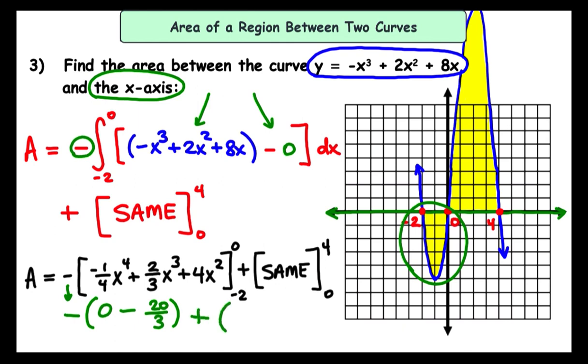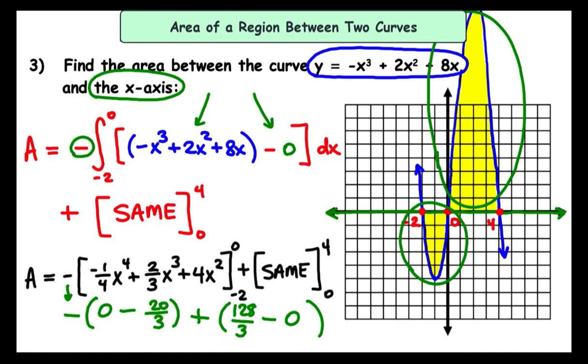Speaking of the other region, we have to put a 4 in. We go minus, we put a 0 in. I already know that 0 is going to be 0. When you put the 4 in, you get 128/3, which is 42 and 2/3, and that seems more reasonable for this. It's a lot bigger than the negative 6 and 2/3.